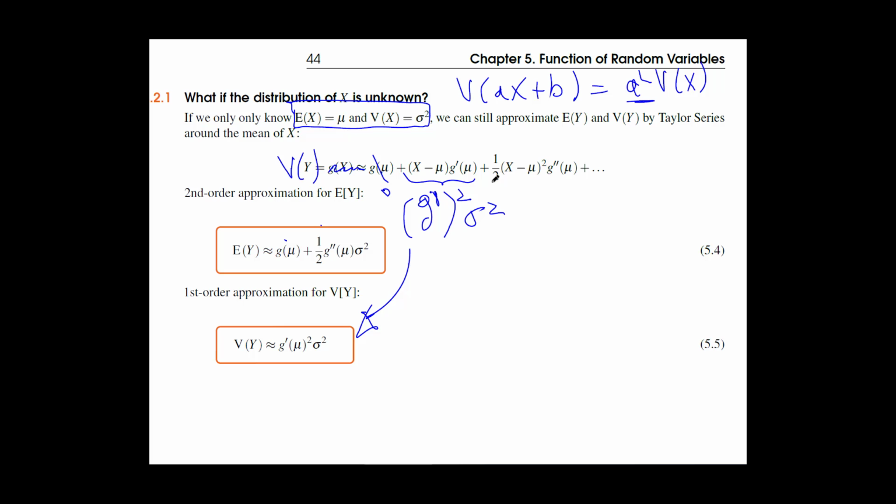Now, why do we not consider this term? Because when you take the variance of this term, you're going to get g second squared, times 1/2 squared, and then times the variance of x minus mu squared.